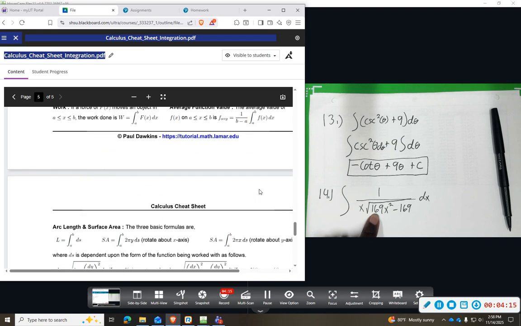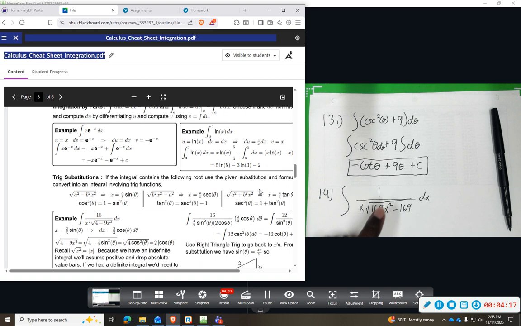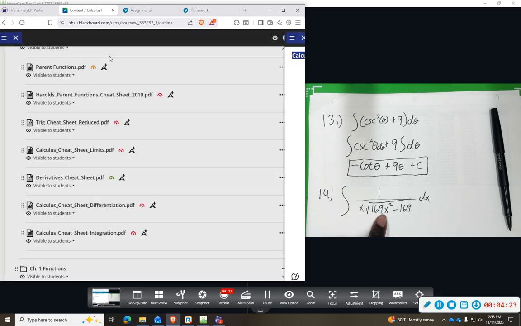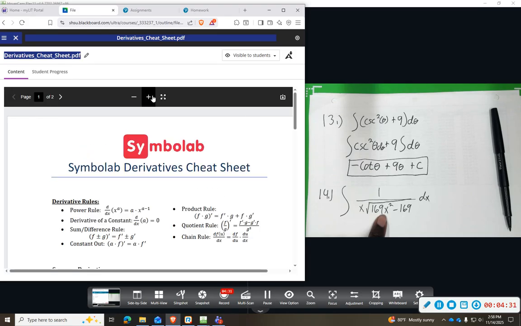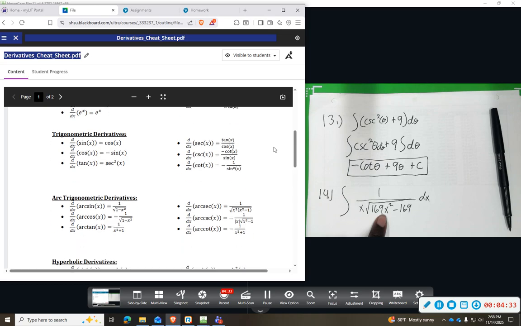Okay. Yeah, so I'm going to look at our derivatives. So the derivative of something gives me something like this, so the antiderivative will go backwards. All right, so I know this is one that's familiar.